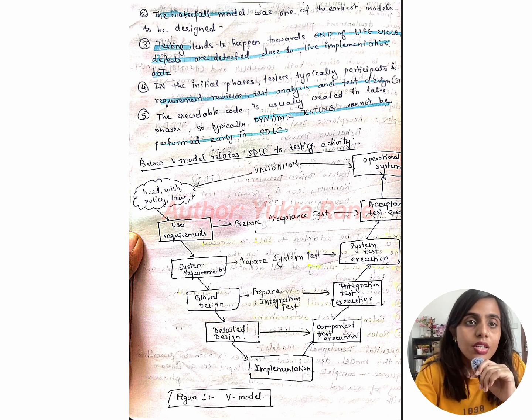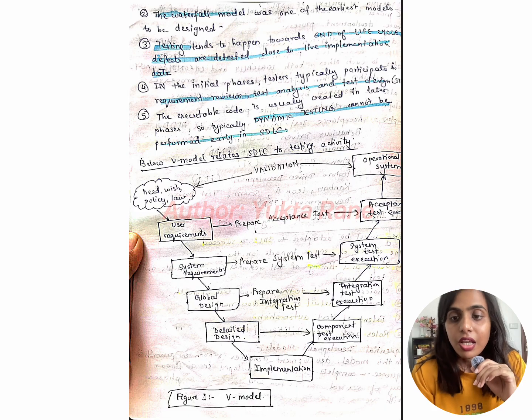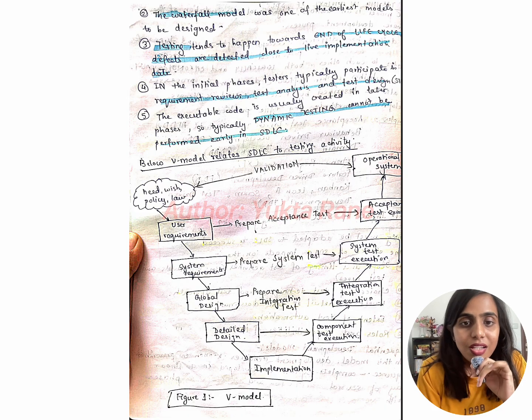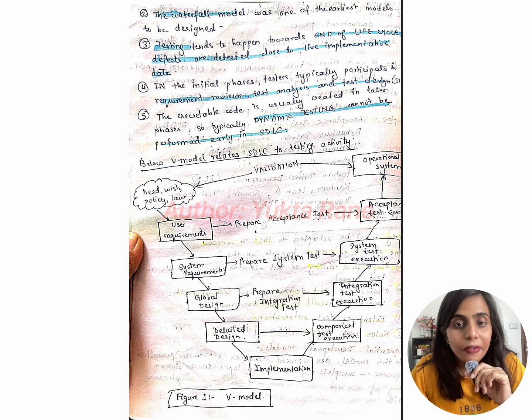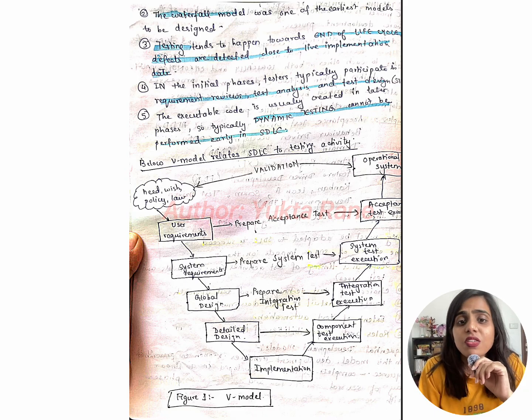Testing tends to happen towards the end of the life cycle, because the development itself is not complete till the end, so testing is always preferred at the end of the life cycle. Due to this, implementing the shift left approach in this kind of model is very difficult. So the early testing principle fails in this kind of model.